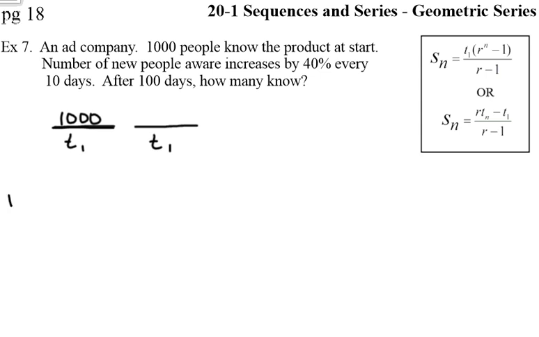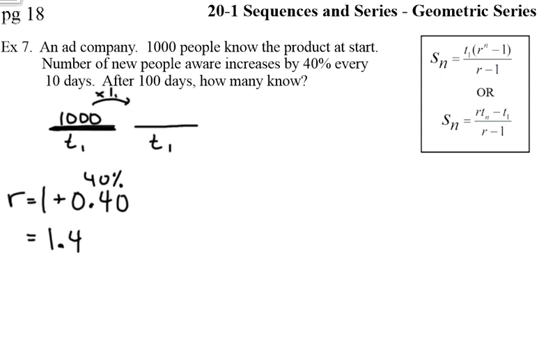So what am I going to multiply by? Well, first of all, 40% is going to be the decimal 0.40. But because I still had 1,000 people at the start, I need that 1, like we did with geometric sequences. So my R value is 1.4. 1,000 people knew about it.